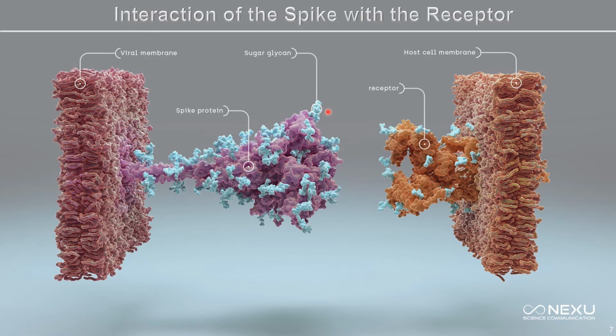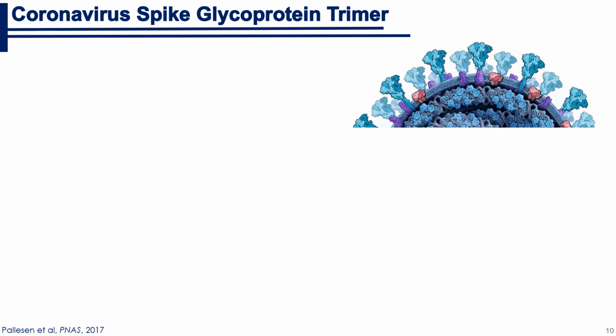This glycan cap also plays an important role in the interaction of the spike with the receptor. This is the reason why the spike trimer is a glycoprotein. It's not just simply a protein, it's a glycoprotein. From here, I will discuss in detail the structure of the spike glycoprotein trimer.